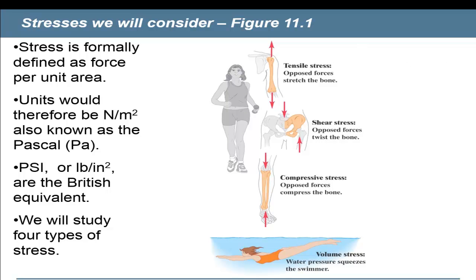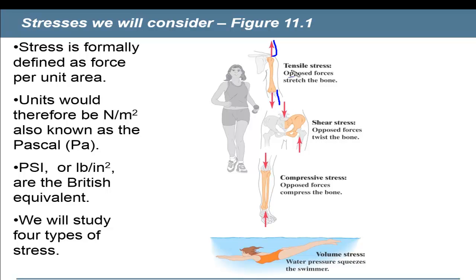So this first one up here, we have a tensile stress, and we have opposed forces stretching this bone as she's running with a weight in her arm. Tension is defined the same way we defined tension in previous chapters, in which it's simply a pulling apart of some object.